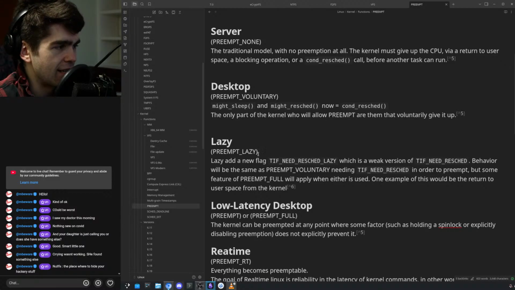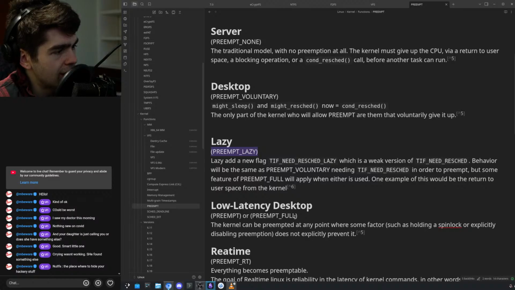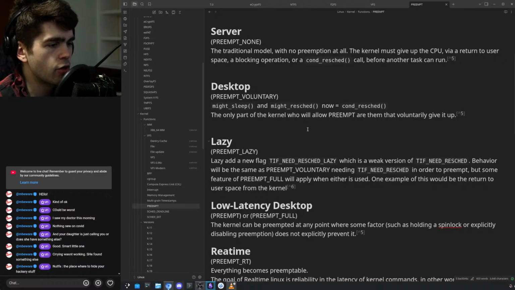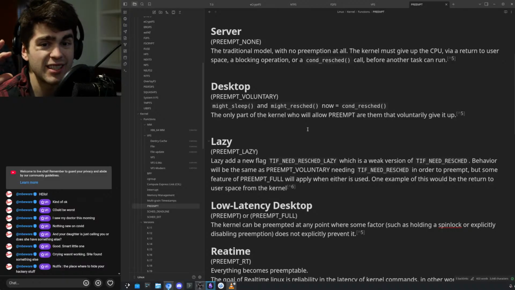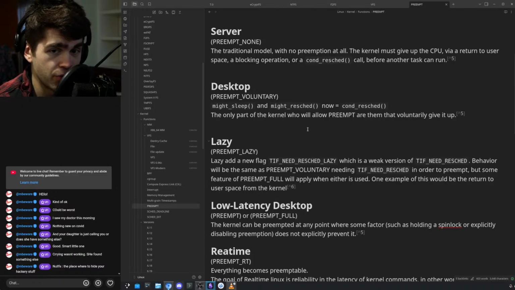So lazy, the big difference it has with preempt full is that preempt full is going to go to the extreme. They're going to check everywhere where it's technically possible to do it, and they're going to enable it.